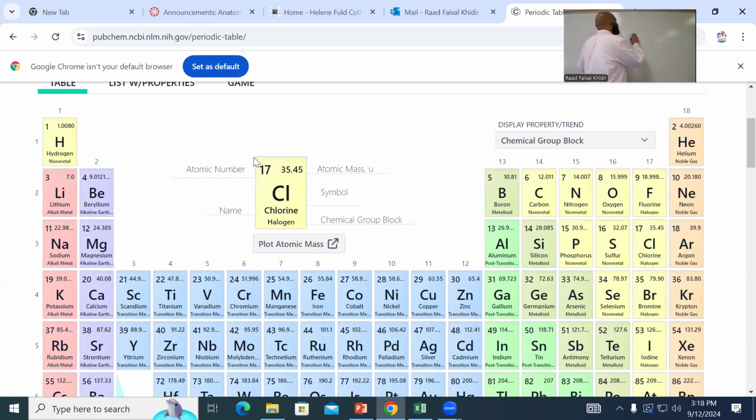So you have to understand that in the nucleus of all the atoms, I have protons that are positive, plus, and I have neutrons that have no charge, 0.